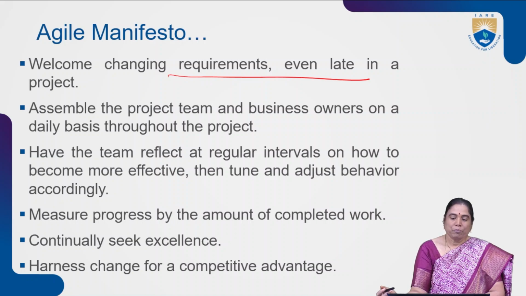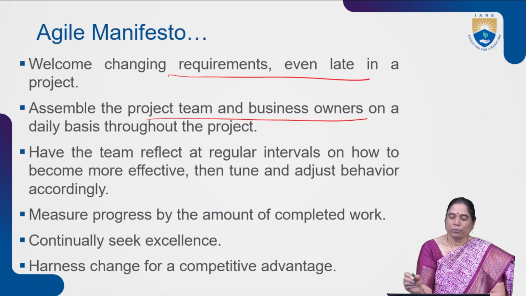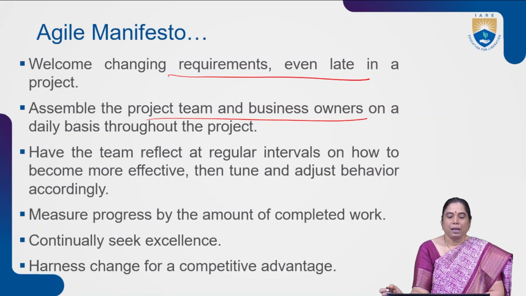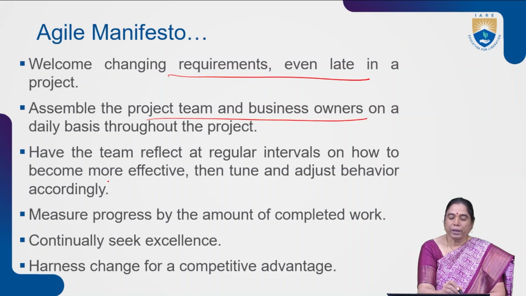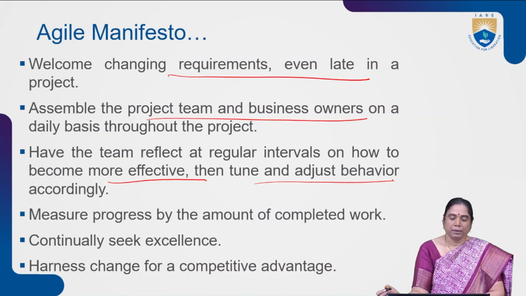Assemble the project team and business owners on a daily basis throughout the process, so communication between the stakeholders is greatly required for Agile software development. Have the team reflect at regular intervals on how to become more effective, then tune and adjust behavior accordingly.